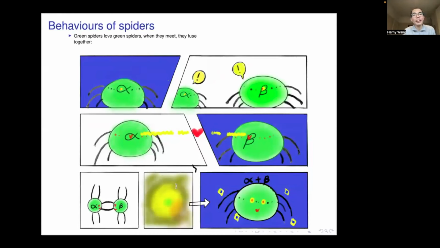And then what is their behavior? Informally, same color spiders, let's say green spiders, love each other, and when they meet, that means when they are connected with just one leg, more than one leg is fine, they are fused with each other. And the parameters sum up, so it becomes alpha plus beta.